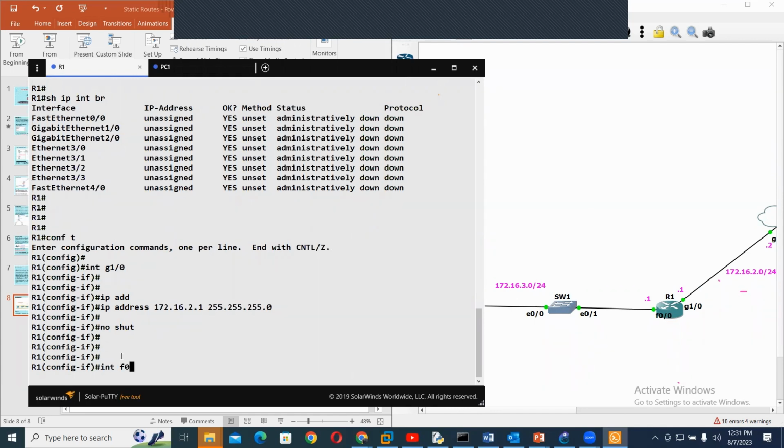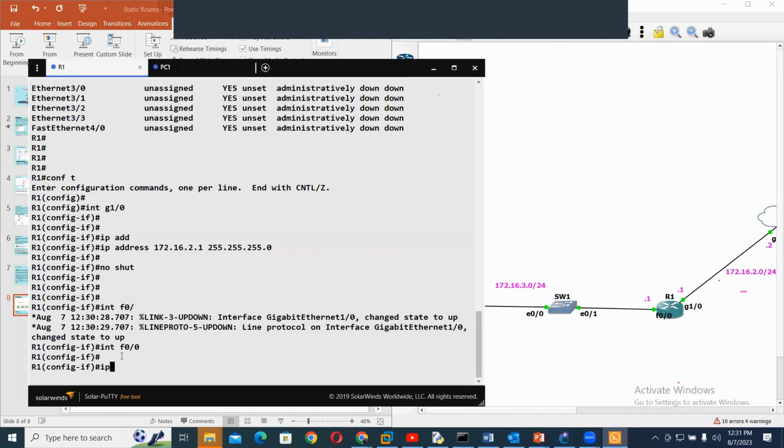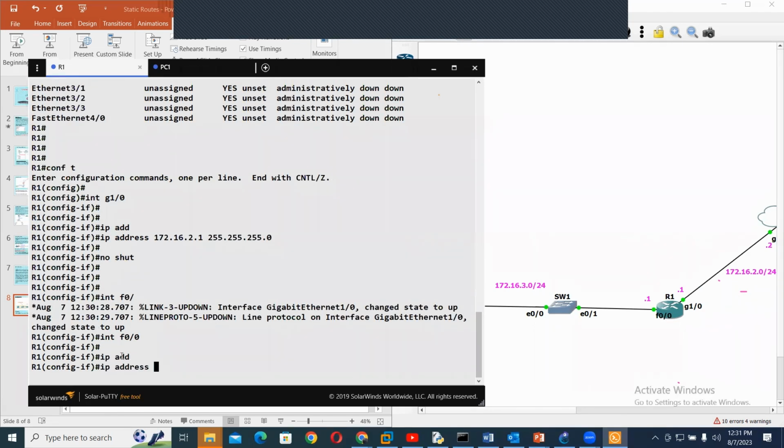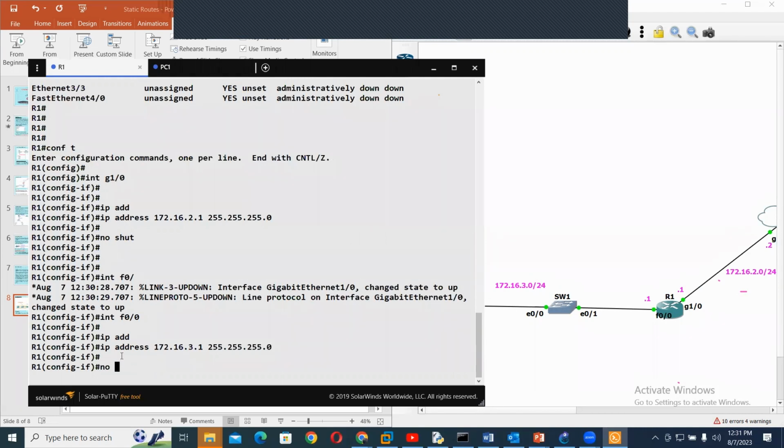Interface F0/0, IP address 172.16.3.1 255.255.255.0, no shut.